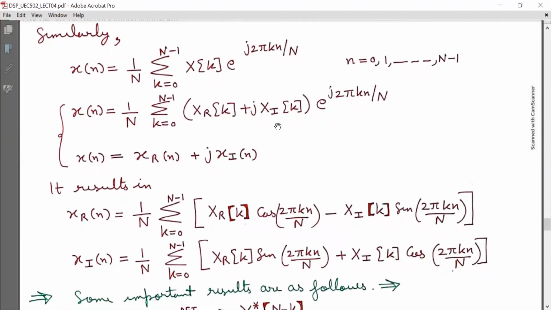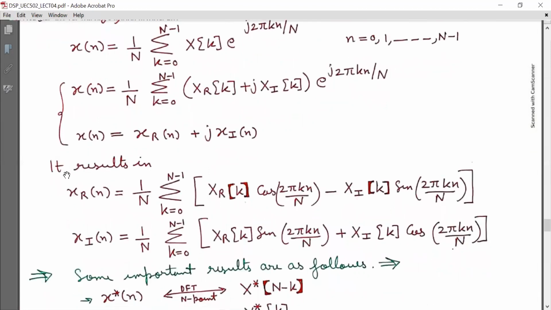So by mathematical simplification, I can show that small x_R(n), that is the real part of x(n), is obtained like this, and the imaginary part of small x(n), that is x_I(n), is obtained by this expression.